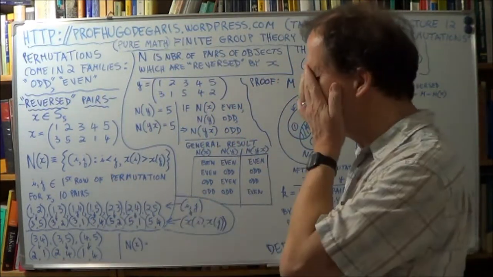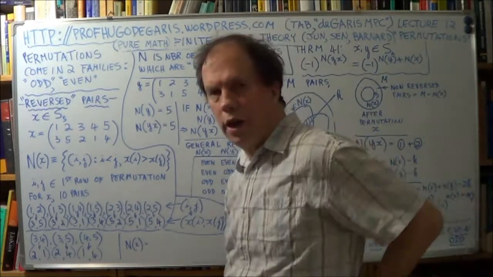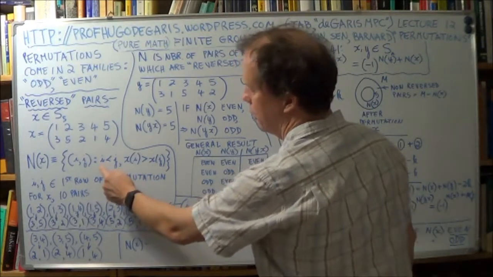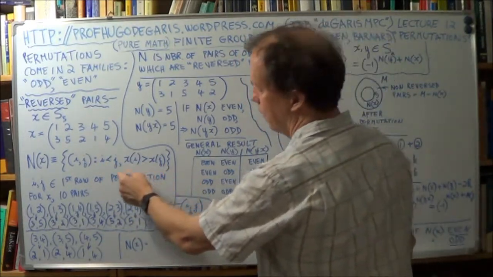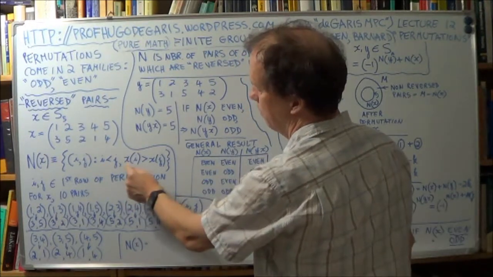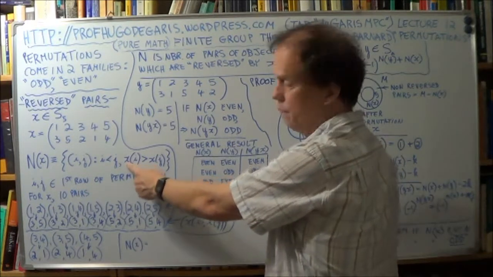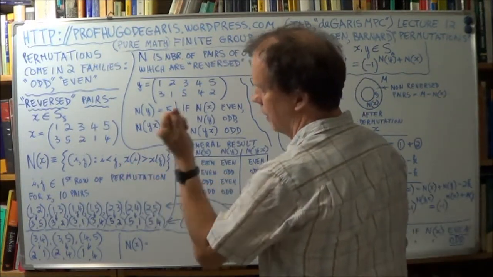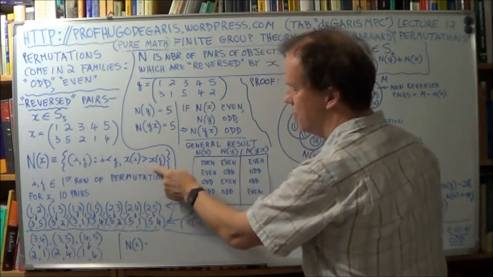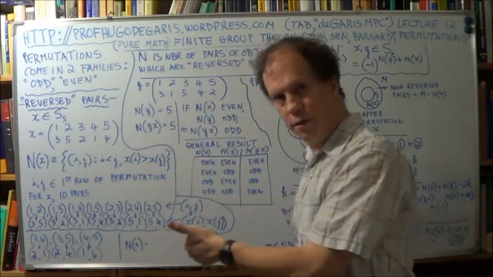Now, what do I mean by a reversal? Well, i is always less than j, right? But when you take the permutation x and apply it to i, if the result is larger than what you get for x of j, you've got a reversal of the order.